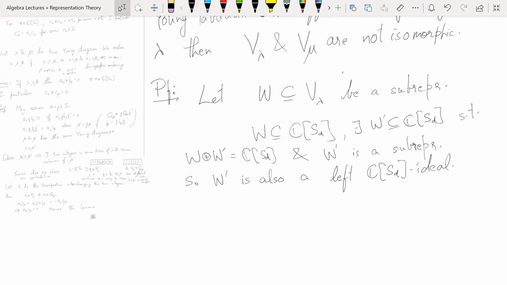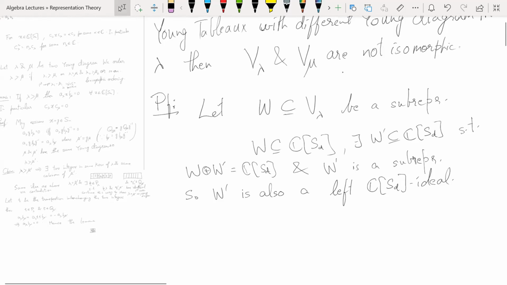But yeah, so we want to show that W is either V lambda or 0. So let's try to analyze what W is. Let's multiply W by C lambda. What can we say about C lambda times W?